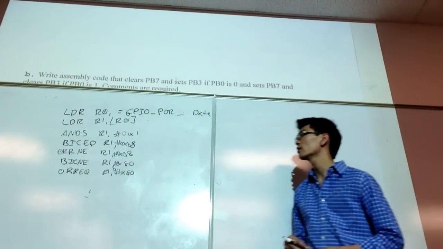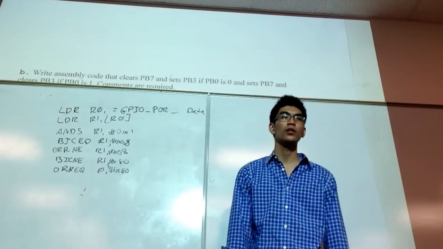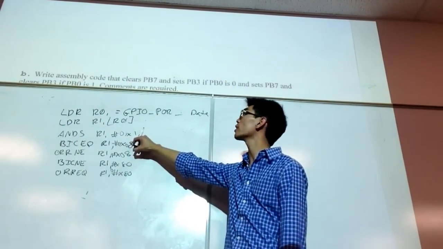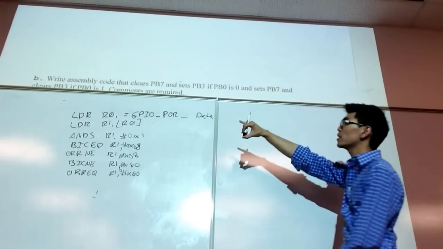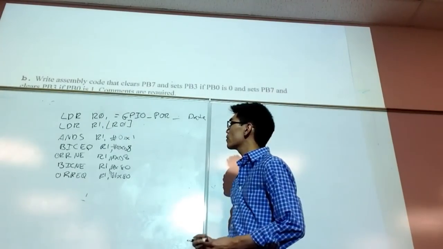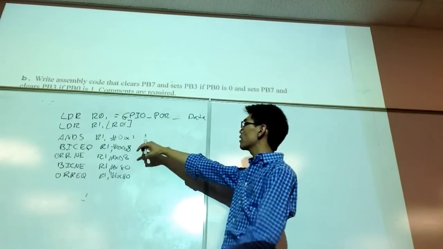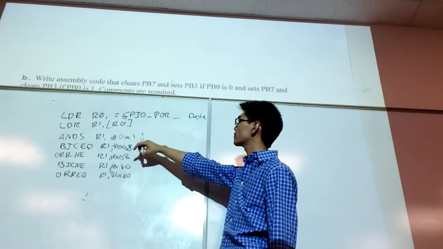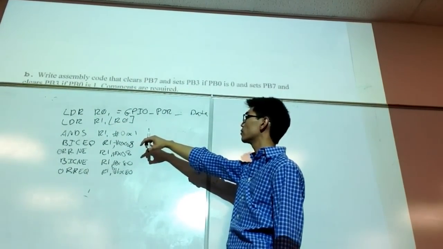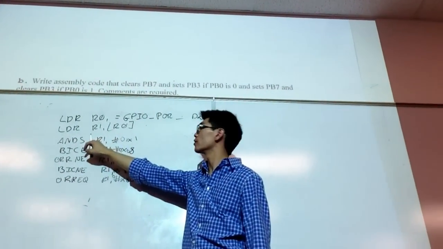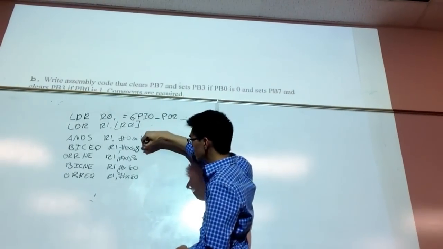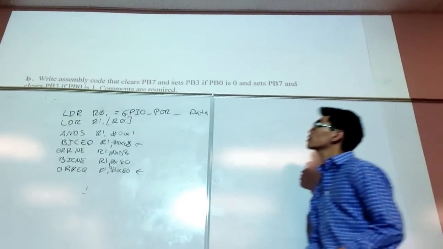So what I'm doing here is instead of using looping or a branch statement, I'm saying this and sets the condition codes, so it's only looking at PB0 as the input. So if PB0 is 1, what happens? I execute this instruction, and I execute this instruction.